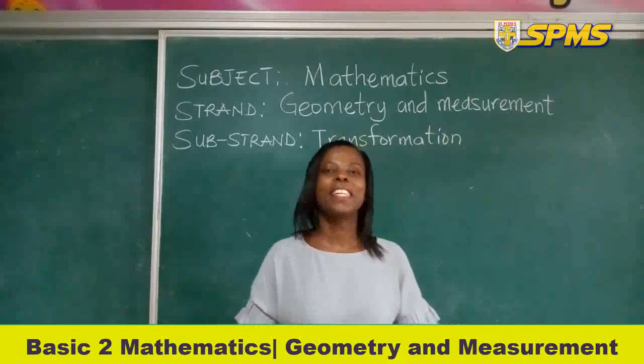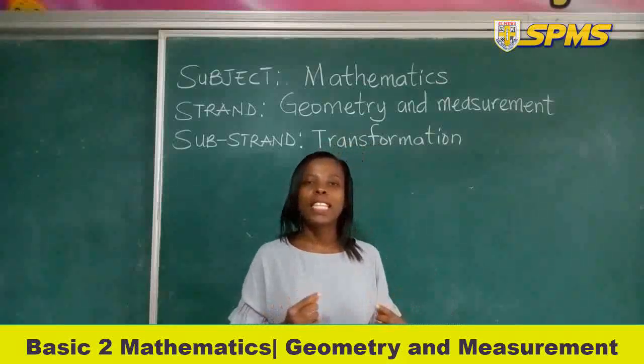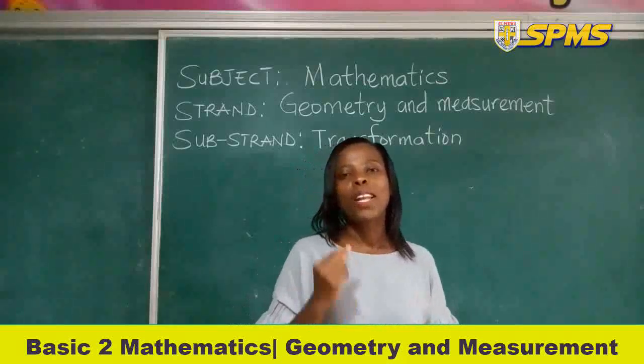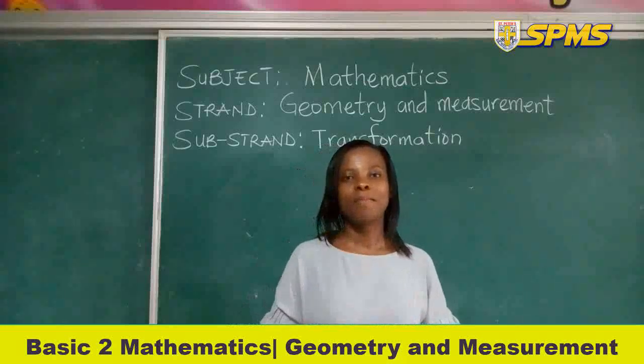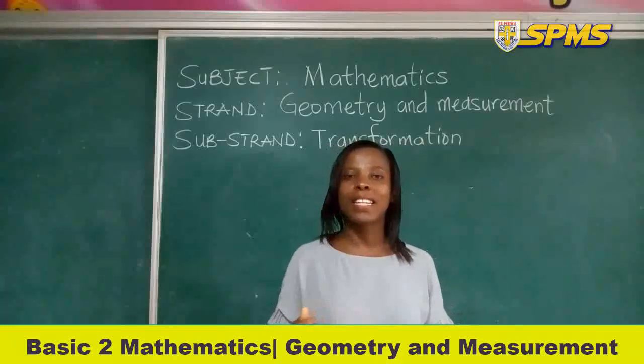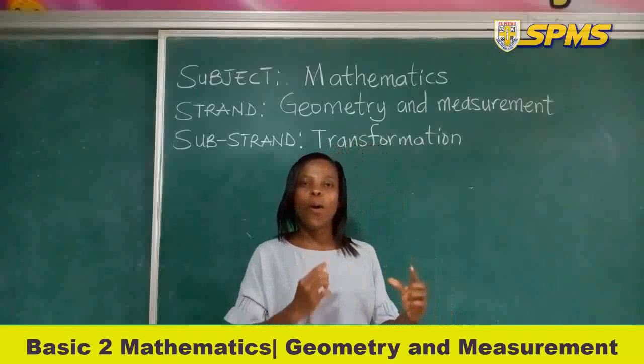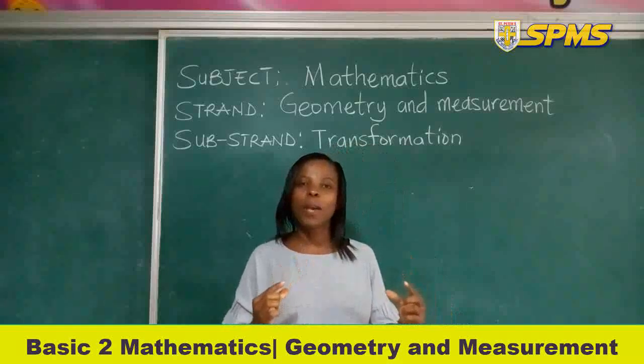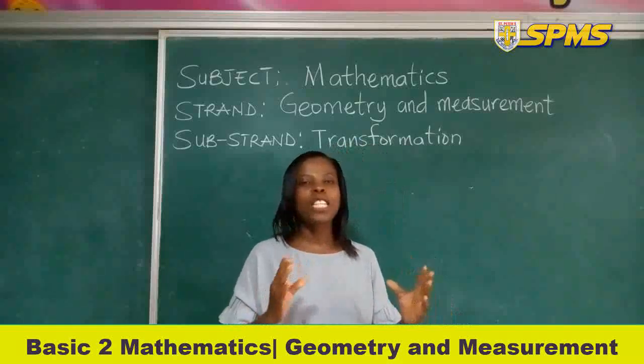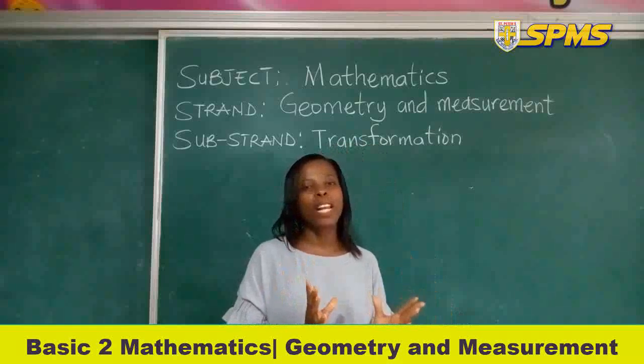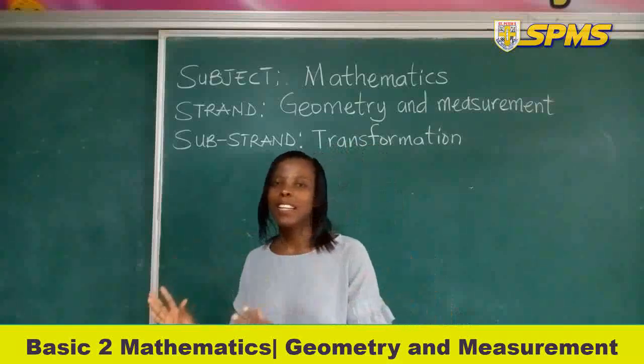You've tried. An angle is the point at which two or more lines meet. So in our lesson, the point on the object or the shape is going to help us transform the shape from one place to the other.